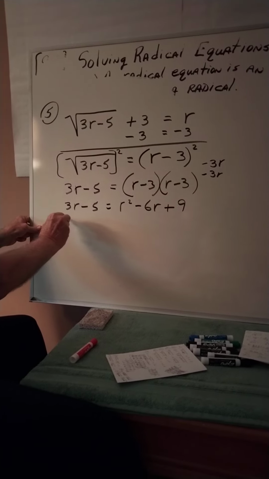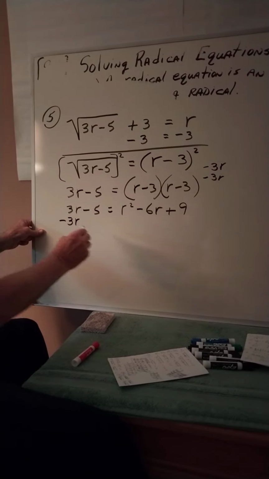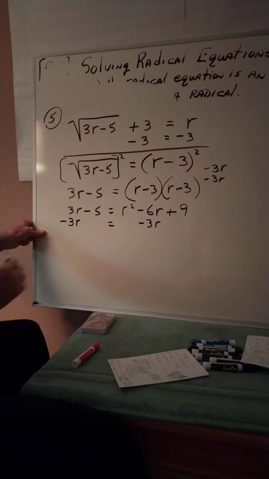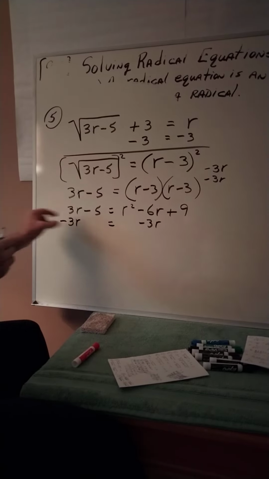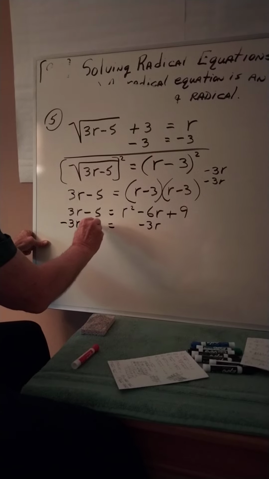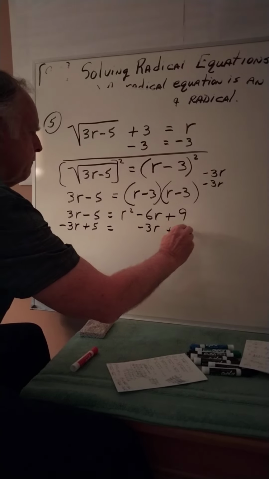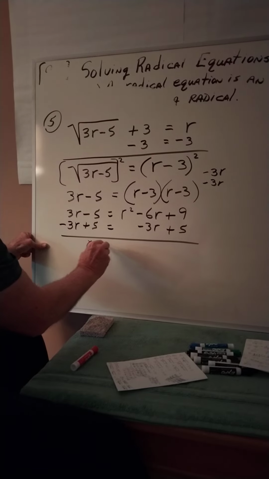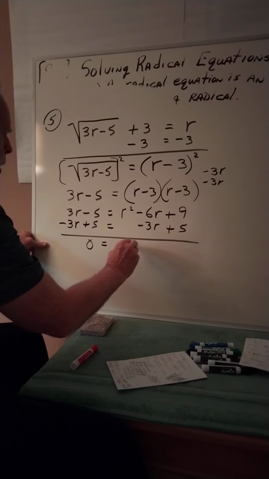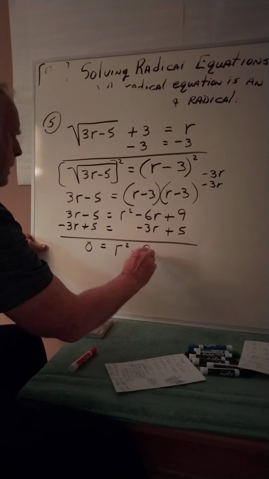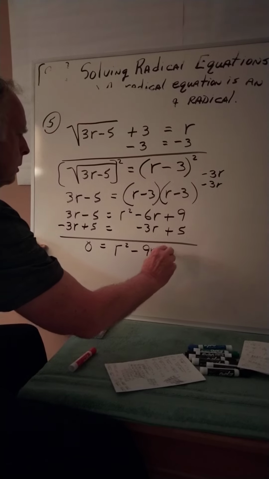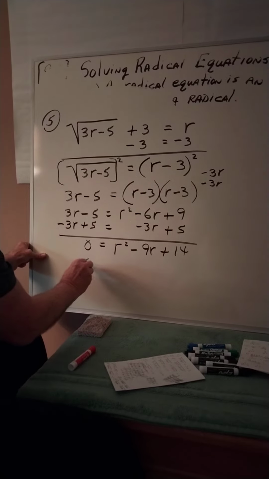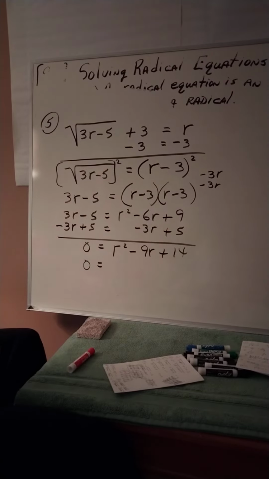So very carefully, negative 3r on the left, and a negative 3r on the right. Positive 5 on the left. Positive 5 on the right. Got a 0 is equal to r squared, negative 9r, positive 14. Bring down the 0, bring down the equal.